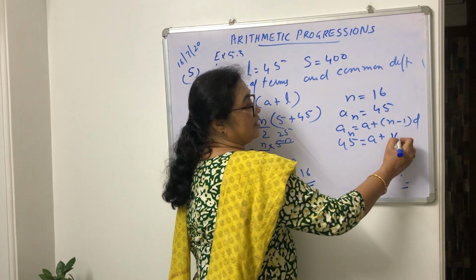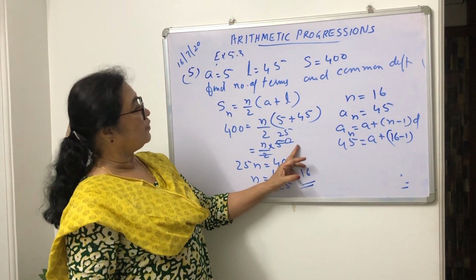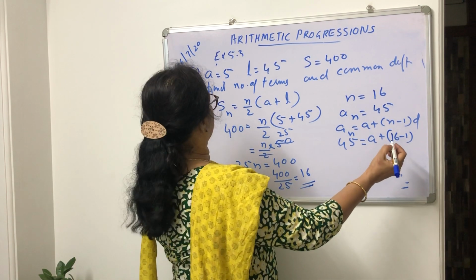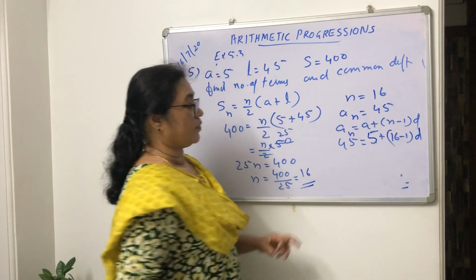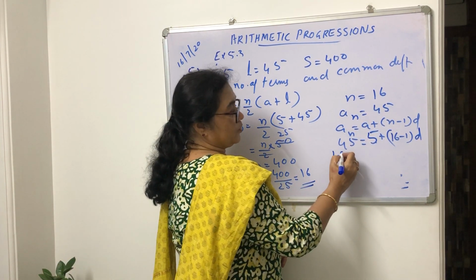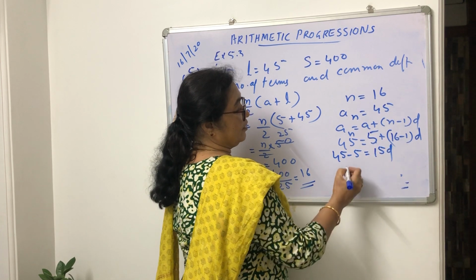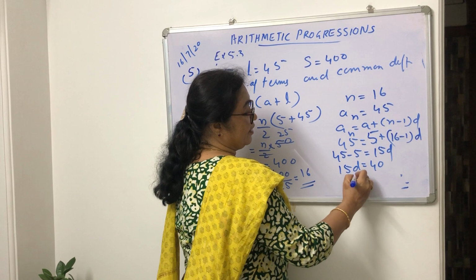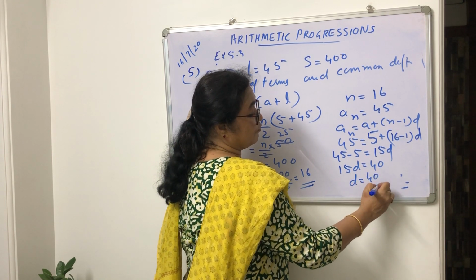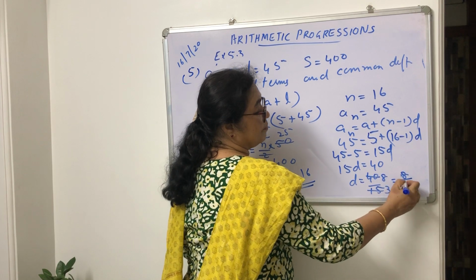So it is 16 minus 1 D. You have to find out D. A is given 5. 45 minus 5 equal to 15D. So it is 15D is equal to 40. D is equal to 40 by 15, 8 by 3.